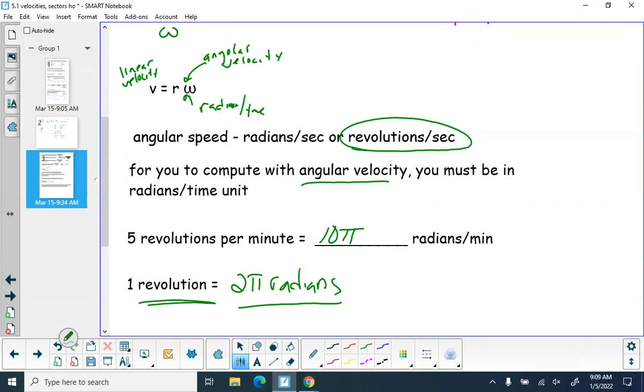Because each one of these revolutions, you're spinning around an entire circle. If I start here and I go one time around, this is one revolution.